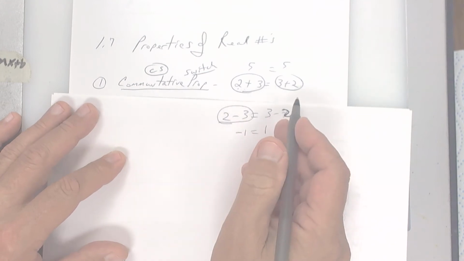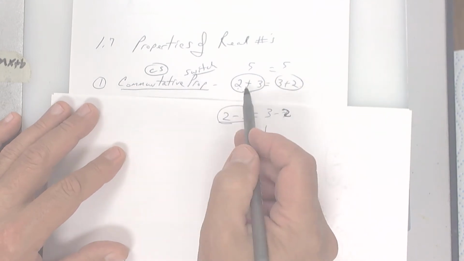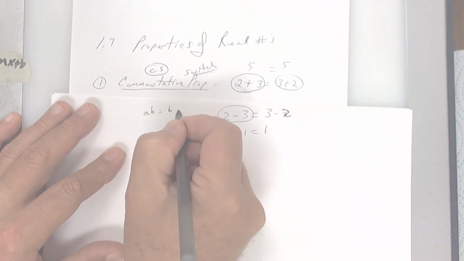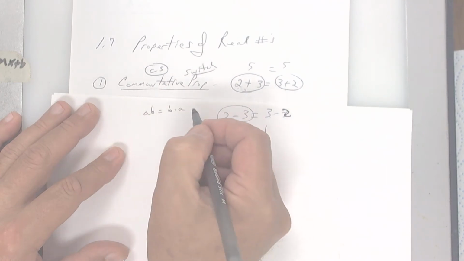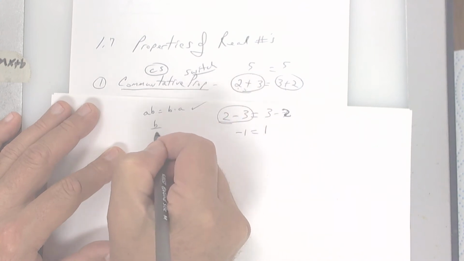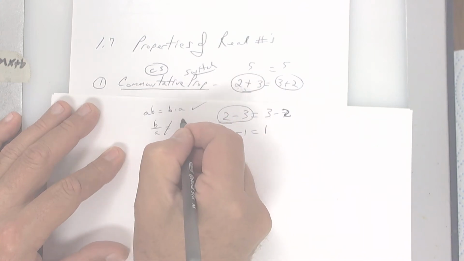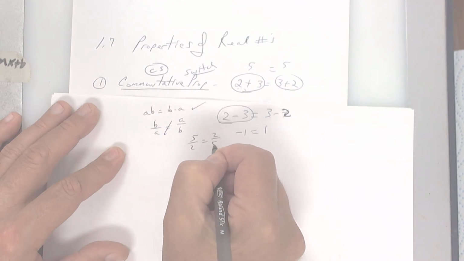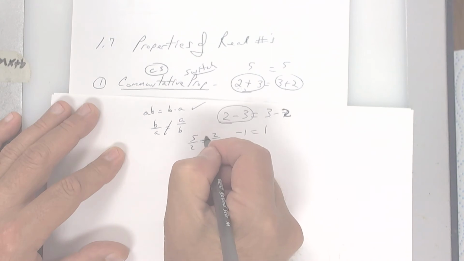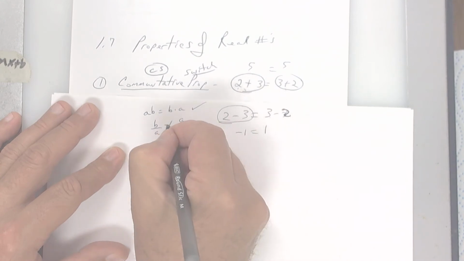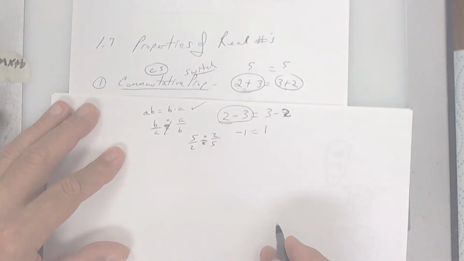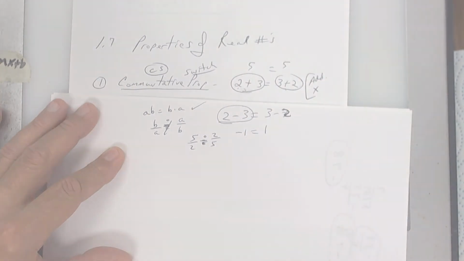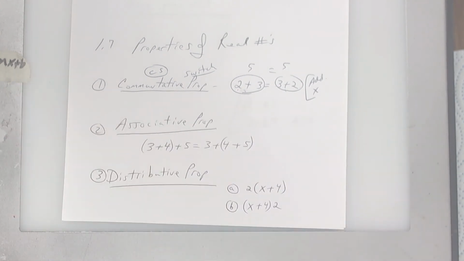So commutative property only works with addition and multiplication, like A times B is the same thing as B times A. But you can't divide, like B divided by A is not the same thing as A divided by B. Like 5 divided by 2 is not the same thing as 2 divided by 5. Okay, so commutative only works with addition and multiplication. Commutative property. All right, let's go on.